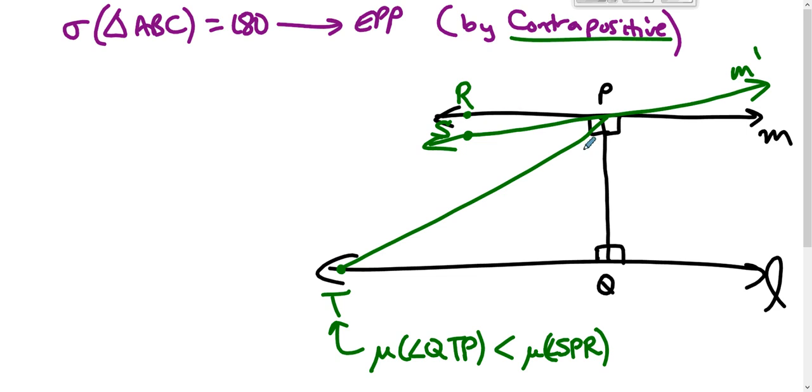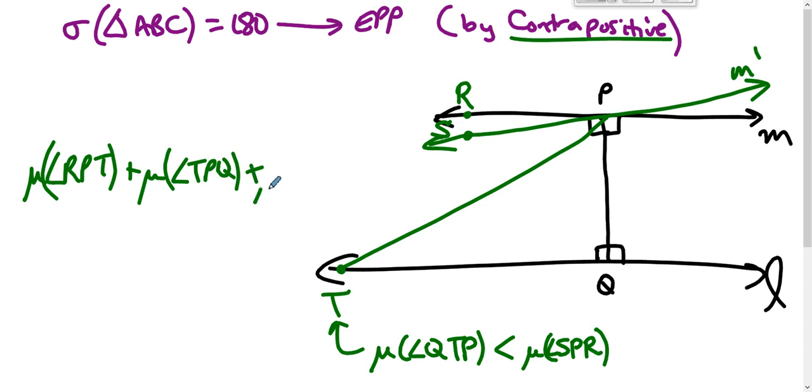So just for the sake of keeping track of things, the measure of angle RPT plus the measure of angle TPQ plus the measure of angle PQT is 180. This and this is 90.